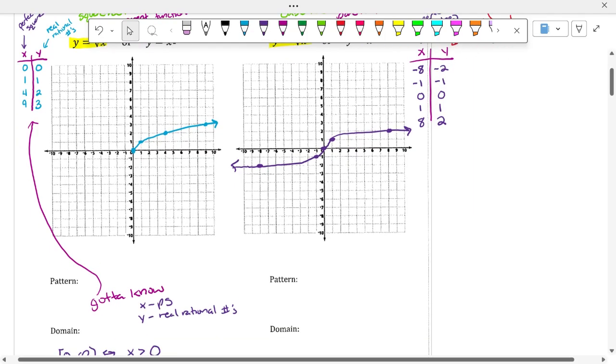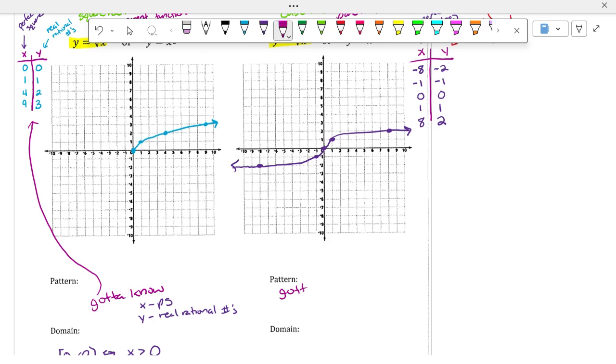Now, the pattern, once again, you've just got to know this table. Trust me, this table will help you when you're graphing other types of cube root functions. Knowing the parent function table is important.